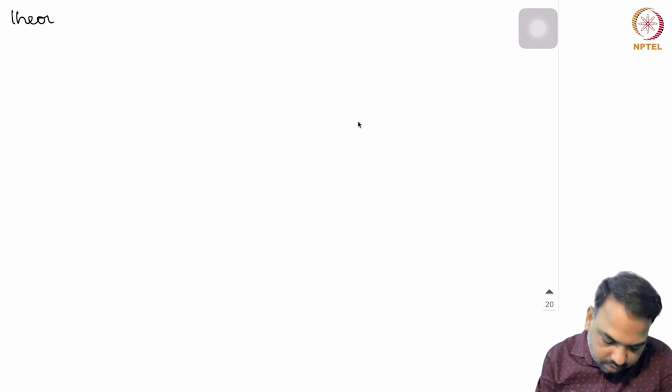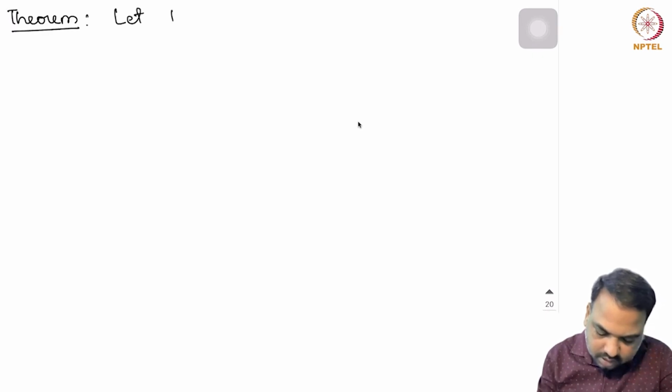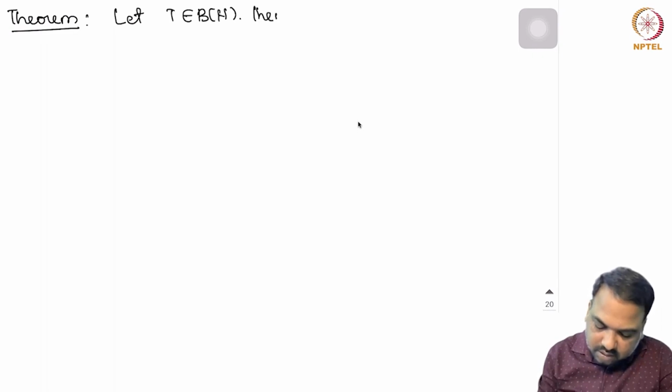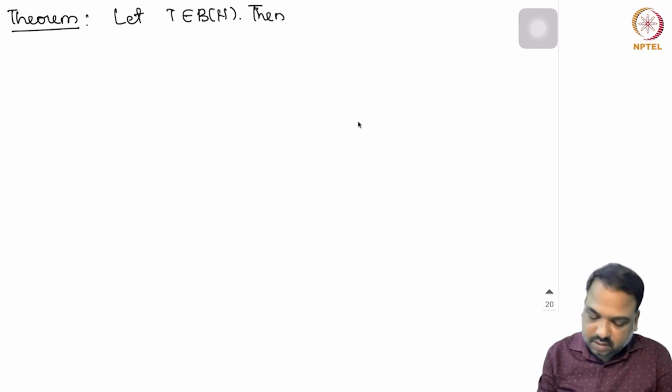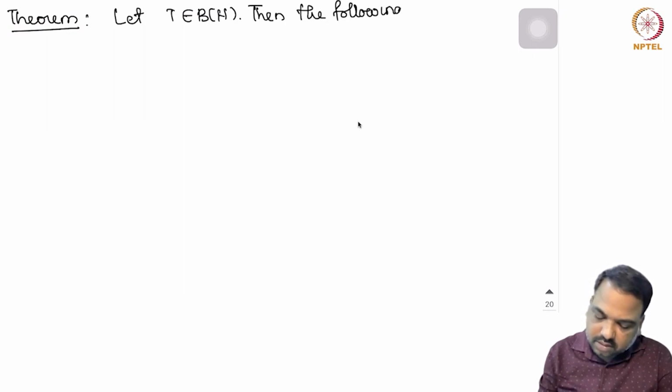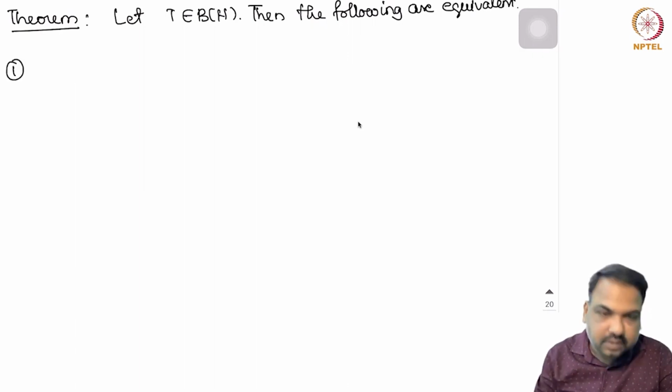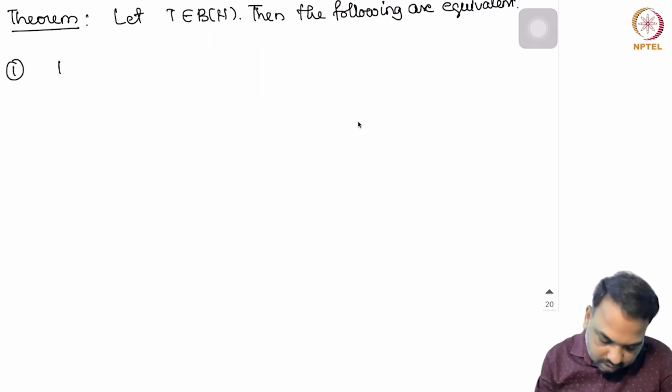Theorem: let T be a bounded operator on H, then the following are equivalent. One, T is an isometry.